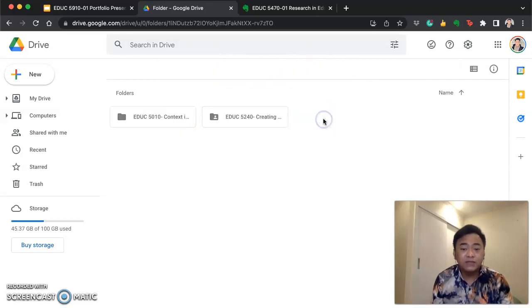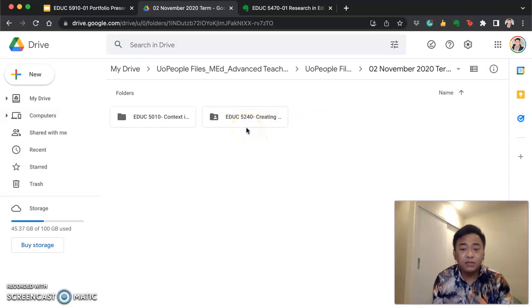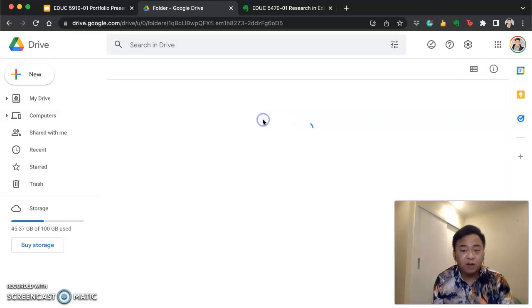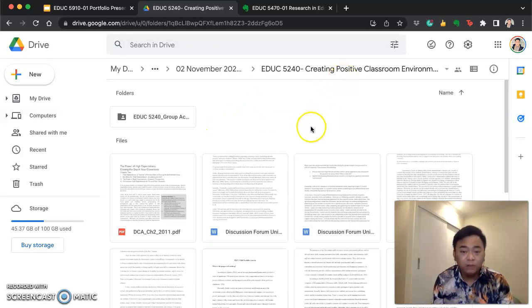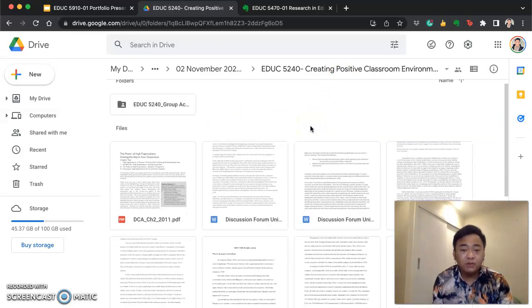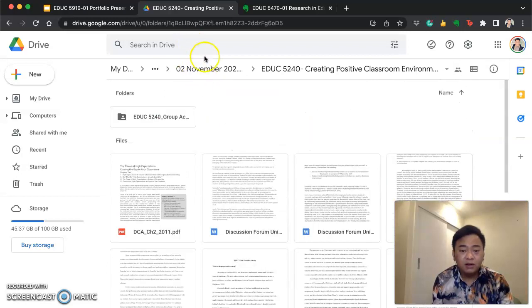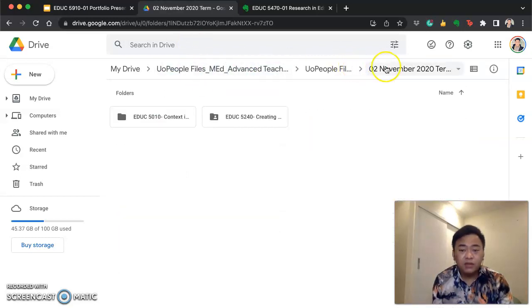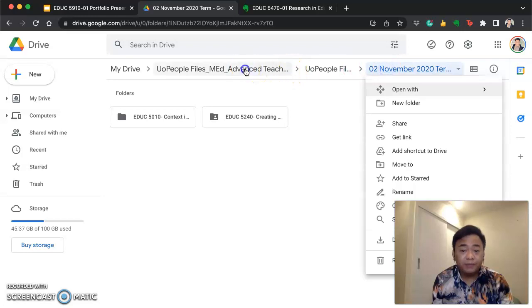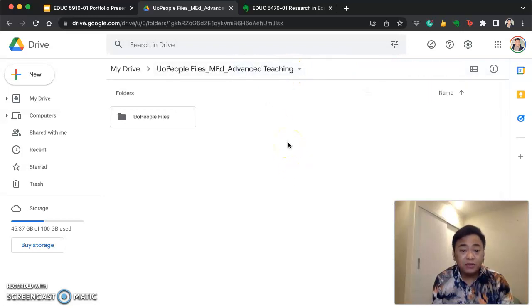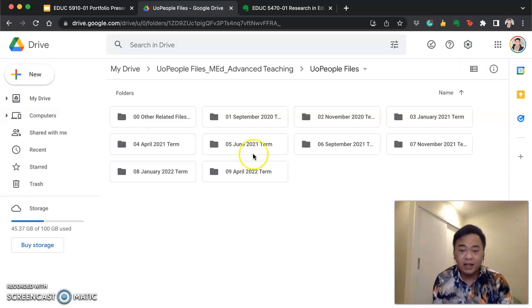For instance, if I have to look for materials in creating or establishing a positive environment, I just have to go to this folder, my EDUC 5240 folder. All the materials are there, and some of the documents that I find very useful in my teaching.